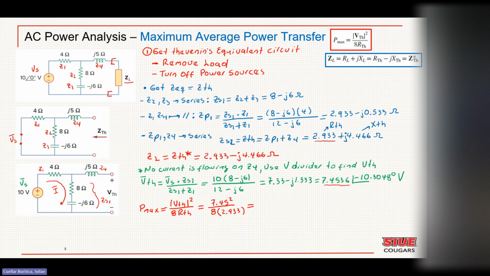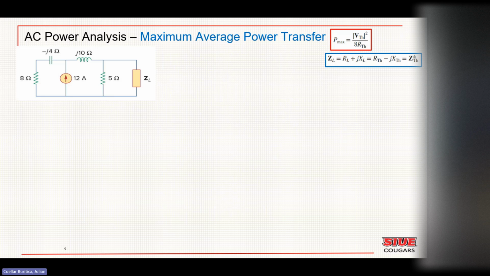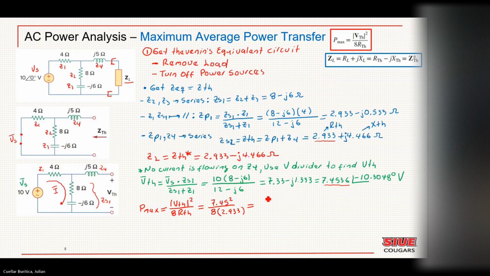Okay, and what I got was 2.368 watts. Please double check numbers and so on.